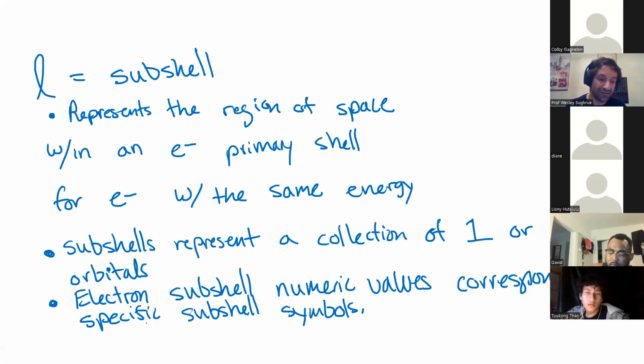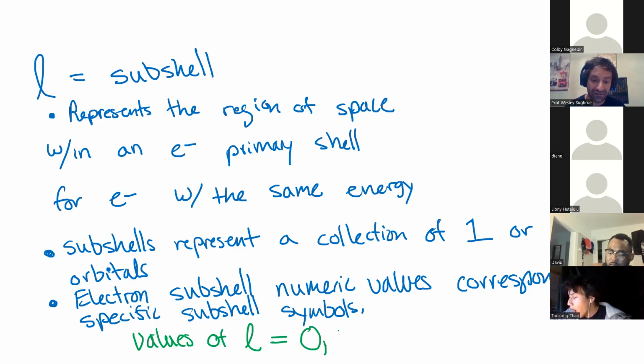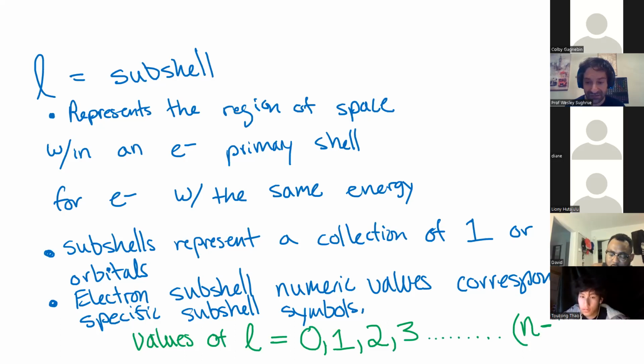Now, the values of L start at 0, then 1, then 2, then 3, continuing up to the value known as n minus 1.